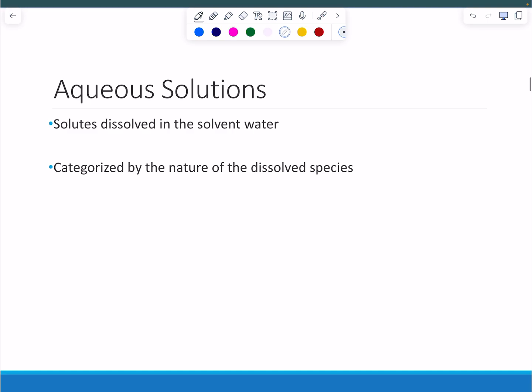We use a few terms that we'll define here. Solutes: this is going to be a solid chemical that mixes with a solvent. In this case, the solvent is water.